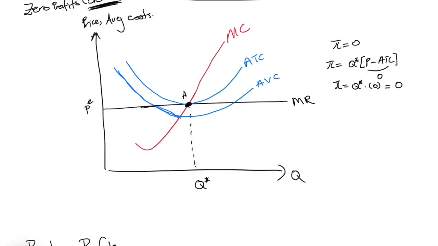Let's call that point A. From that point of intersection, I drop down a vertical dotted line to figure out what my profit maximizing quantity is. From there, I need to touch the average total cost curve. Oh, I'm already touching it, and so I can label this as dollar value ATC.